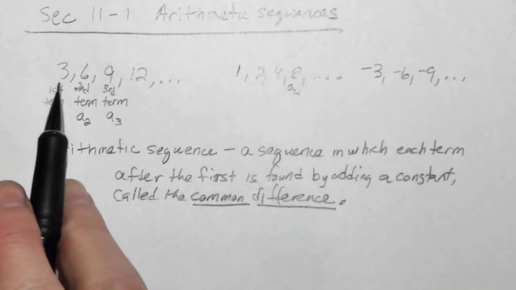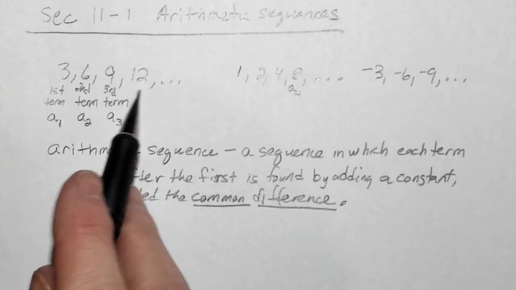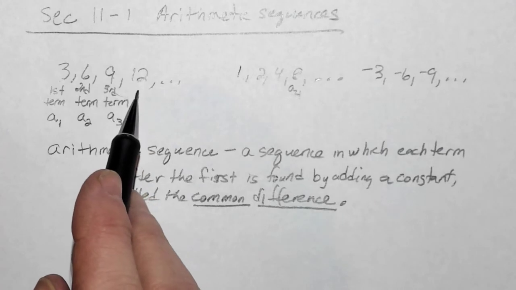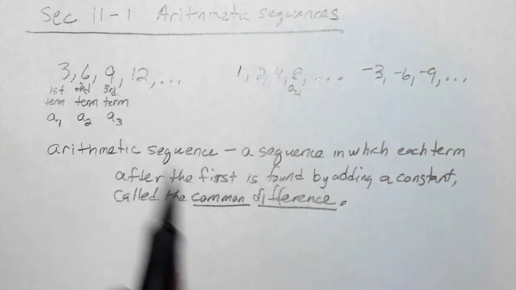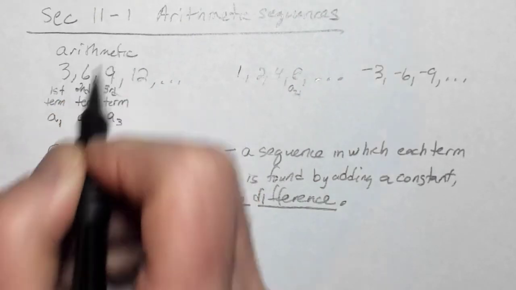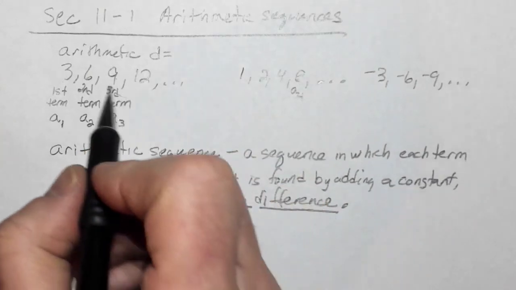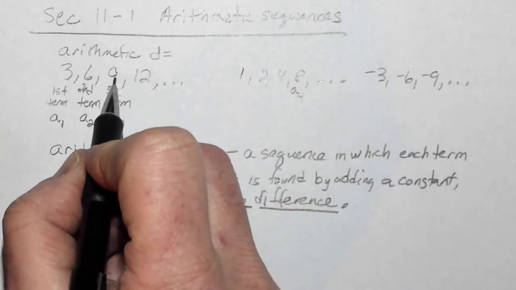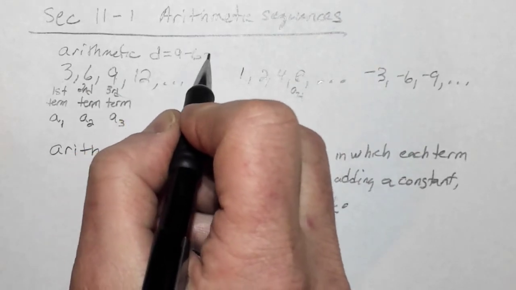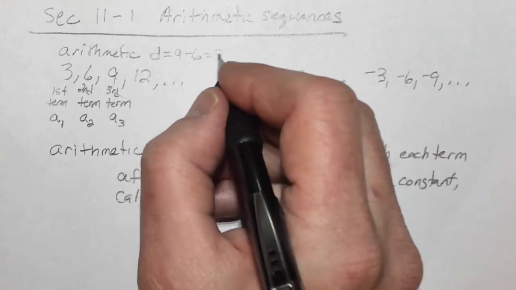So for instance, if we look at this example up here, 3, 6, 9, 12, you can see that each time we find the next term by adding 3. So this is arithmetic. And the common difference, which we denote as d, is found by taking a term and subtracting the one in front of it. So I'll just pick 9 minus 6, and we get 3. So the common difference would be 3.